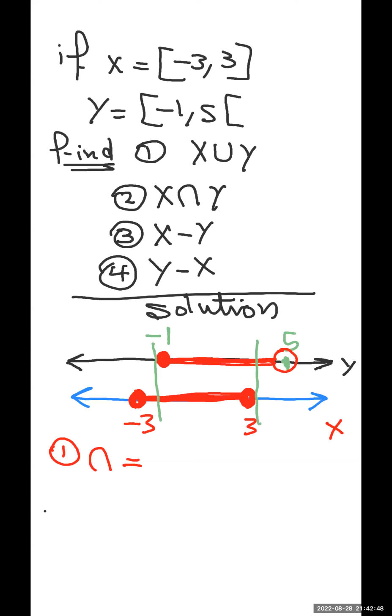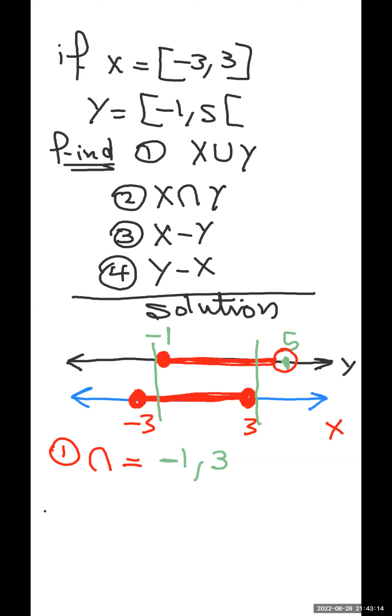Right, guys? This is the common area, or the common shaded part, between the two intervals. So simply, it's -1 and 3. Now, if I'm going to get the intersection, so check.